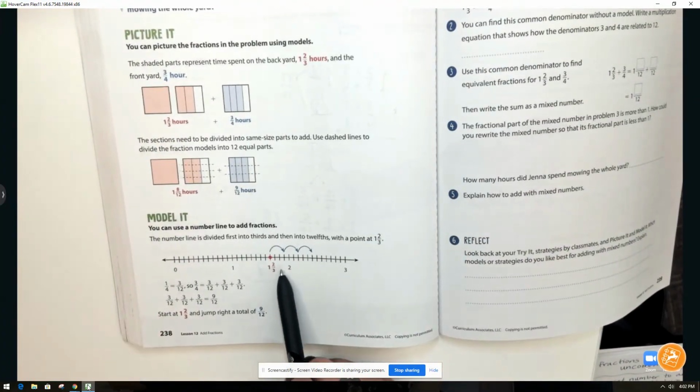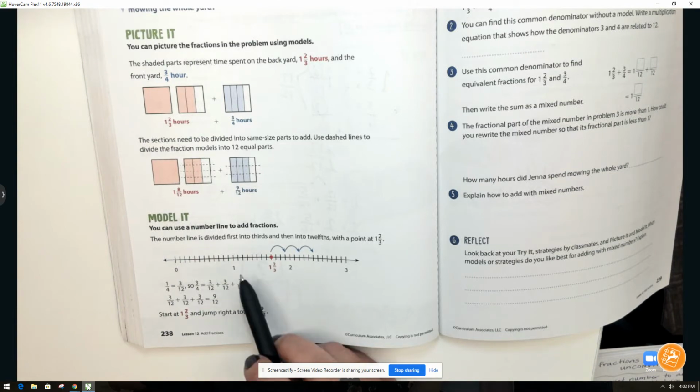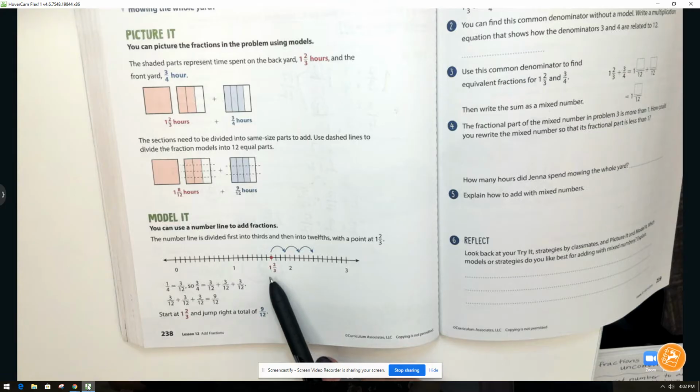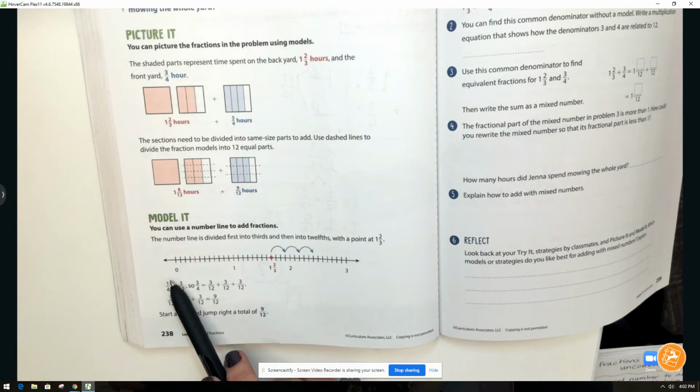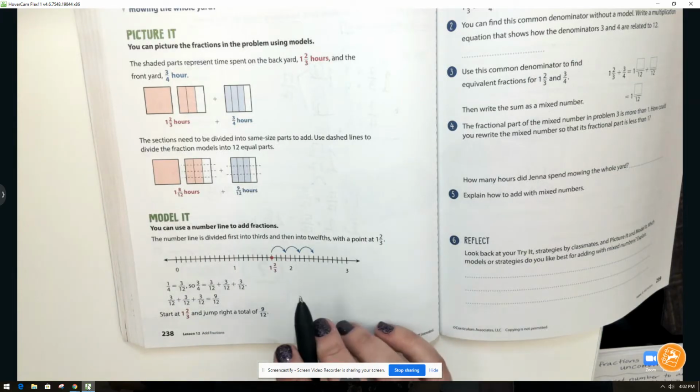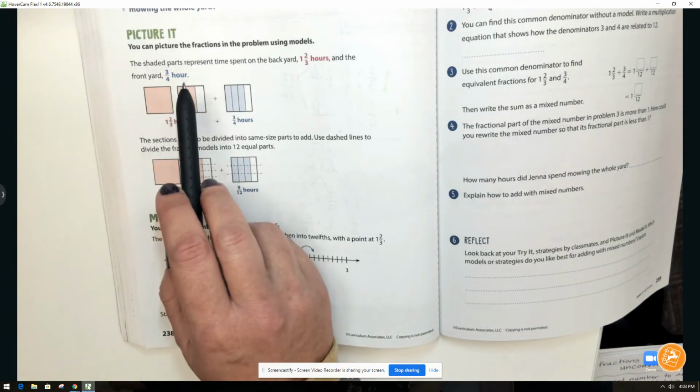So in order to add on, we need to find that common multiple. So we know that the common multiple is 12. So what we do is we go, okay, 1/4 is the same as 3/12. But we're adding not 1/4, we're really adding 3/4.